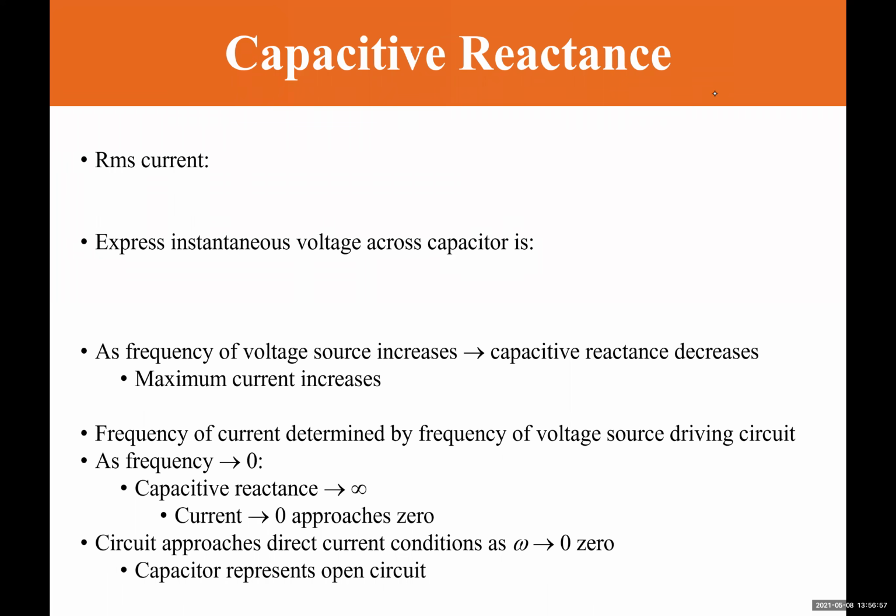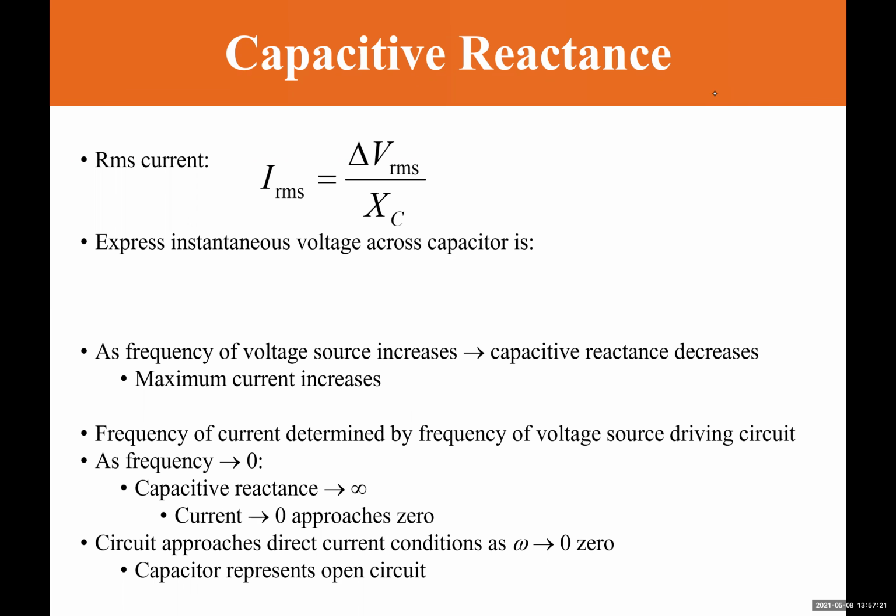Right. So let's look at RMS current. RMS current you can calculate for all of those: for the resistor, for the inductor, for the capacitor. So this is the RMS value of the current in the capacitive reactance, right? It's just the RMS voltage divided by the capacitive reactance.